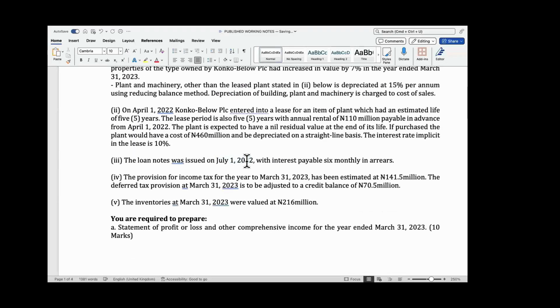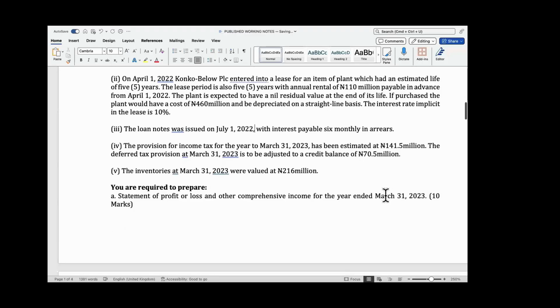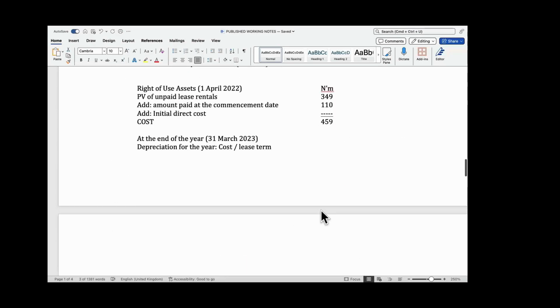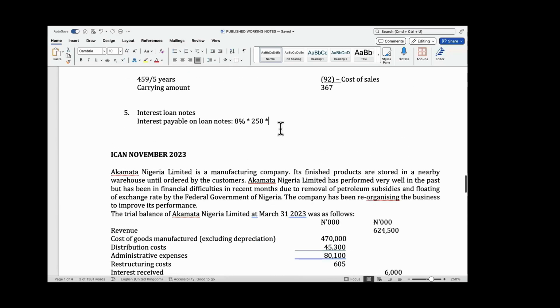If you count from July till the end of the year, which is March, that's how many months? 9 months. That's very good. So that would be times 9/12. That's the interest payable. So how much did that give us?